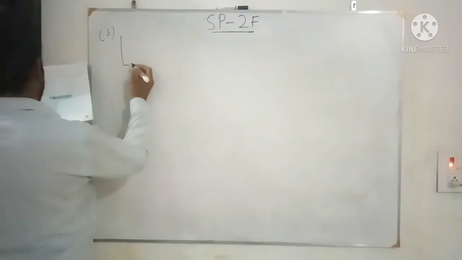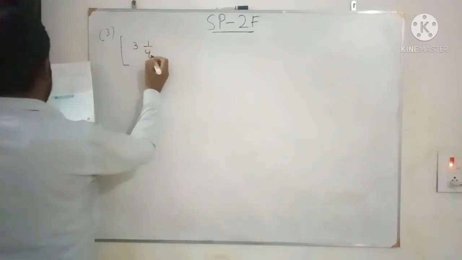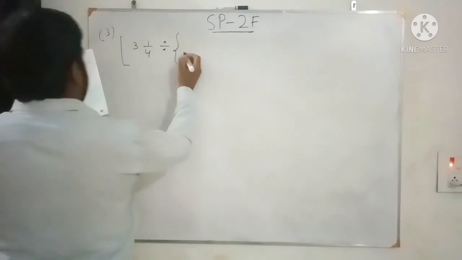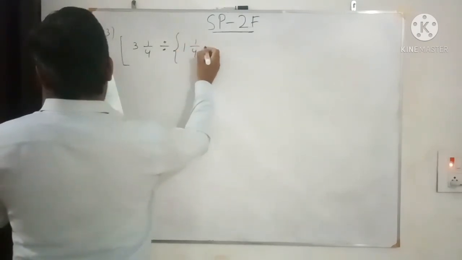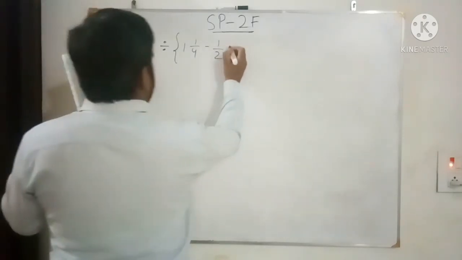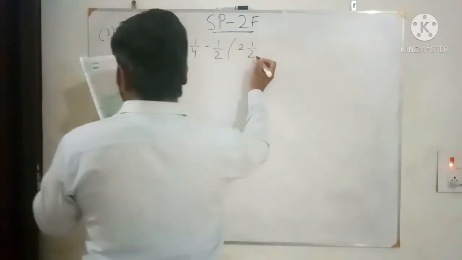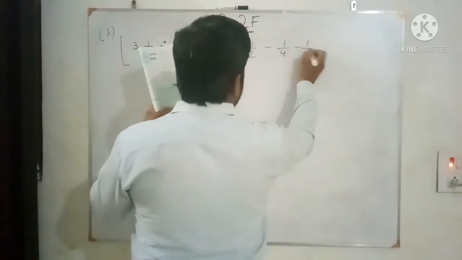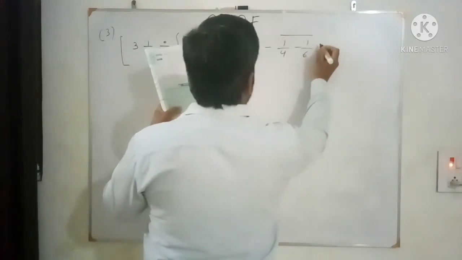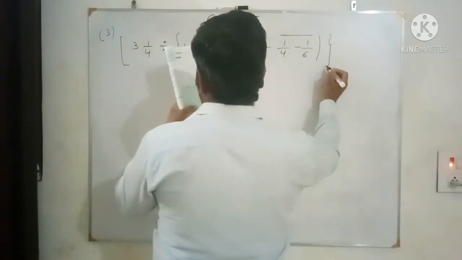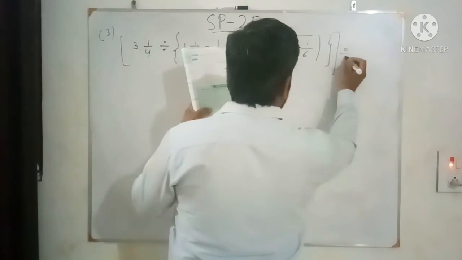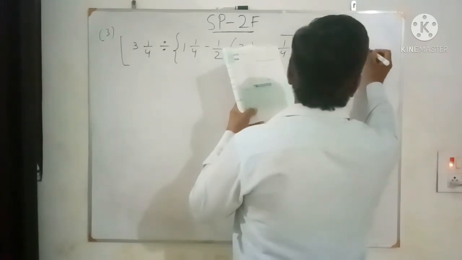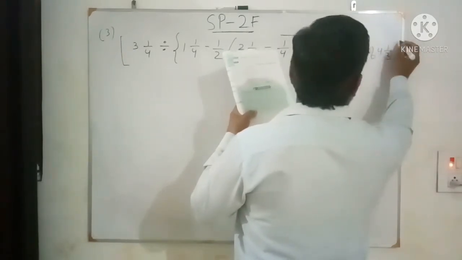Three 1 by 4 divided by 1 by 4 minus 1 by 2, 2 1 by 2, 1 by 4 minus 1 by 6, divided by 1 by 2, 4 1 by 3.